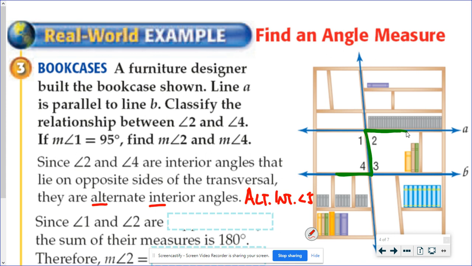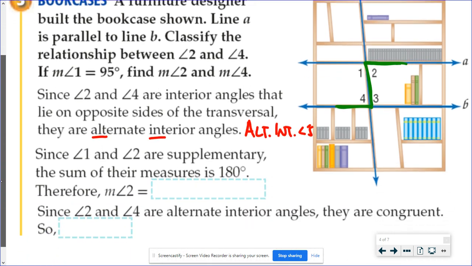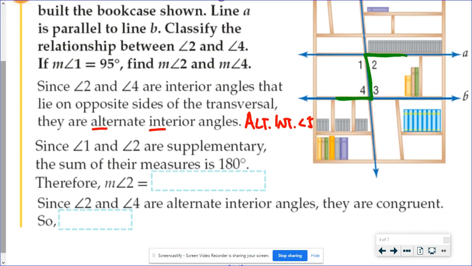So since angles 1 and 2 are supplementary, now I know that they would make a straight line. They would add up to 180 degrees. I know that angle 1 is 95 degrees in this picture. I want to be able to figure out what angles 2 and 4 are.